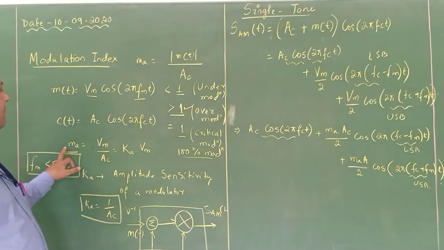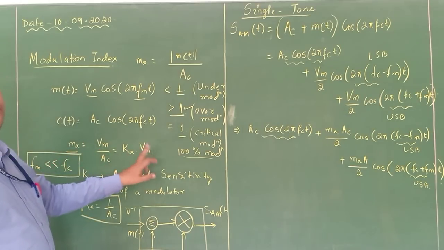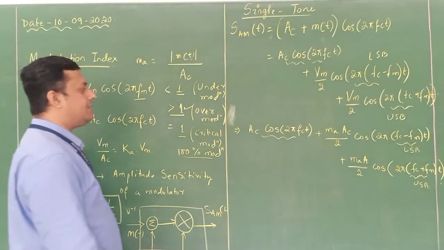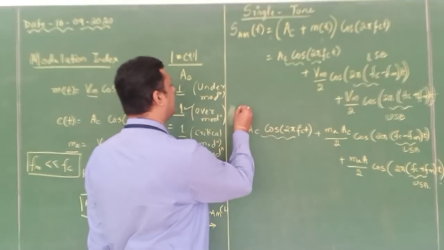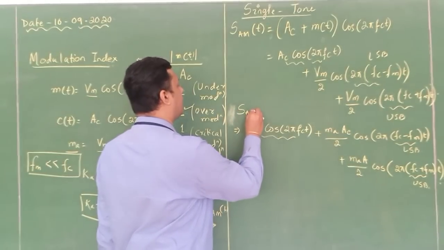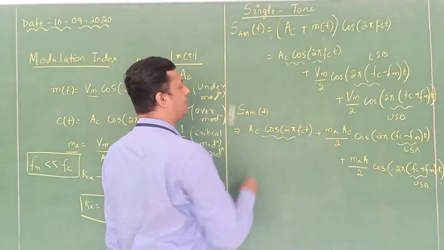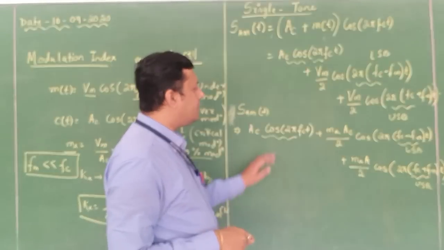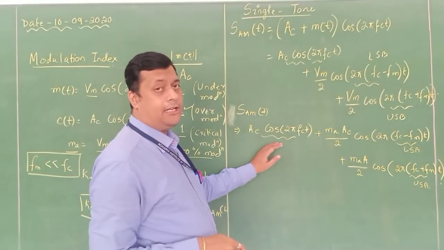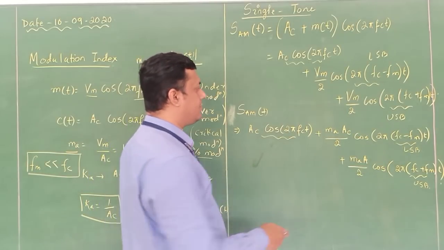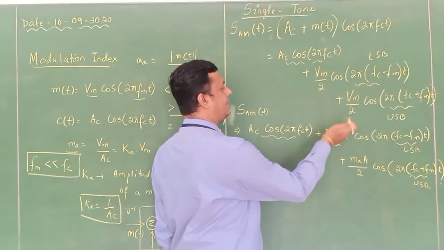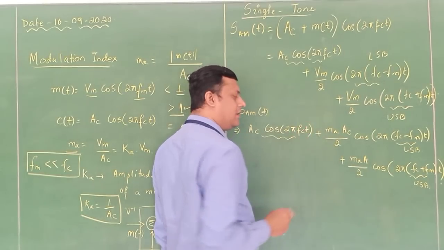In place of Ma, you can write K into Vm also. Okay. So this is the representation of an amplitude modulated signal for single tone, represented in modulation index. So this is my modulation index into Ac divided by 2.